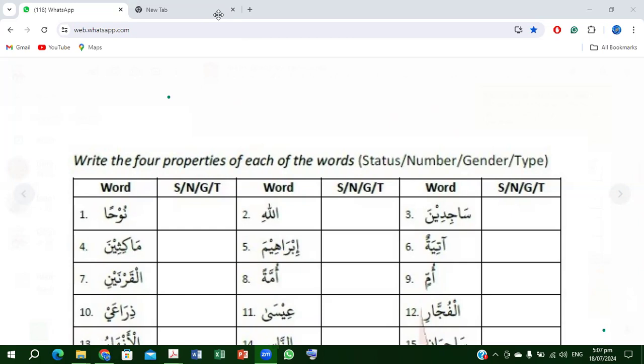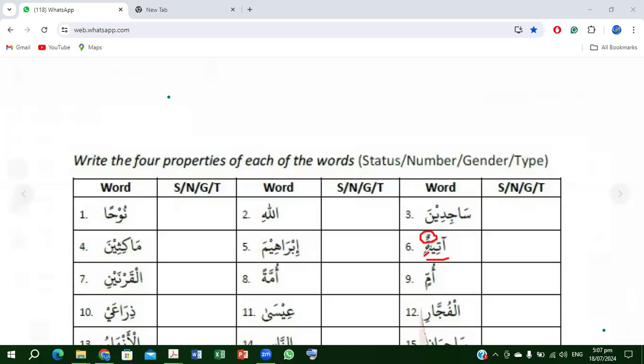ठीक है. Next. Noor Fatma. Yes. Atiyatun. Atiyatun, it's rafa. How did you recognize? Because it has tanween. Tanween could be fathatain or dhammatain or kasratain.